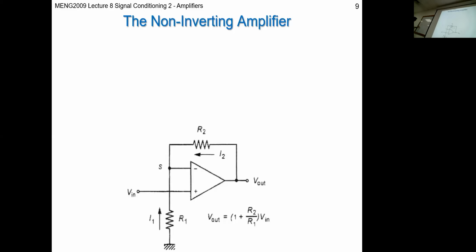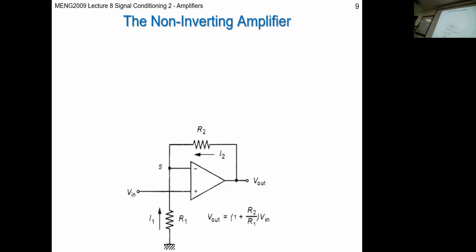We also know that the current I1 in this resistor R1 is going to be equal to minus I2, or you could say I1 plus I2 equals 0, because of the node. If you want to find I1, that's going to be V in over R1.